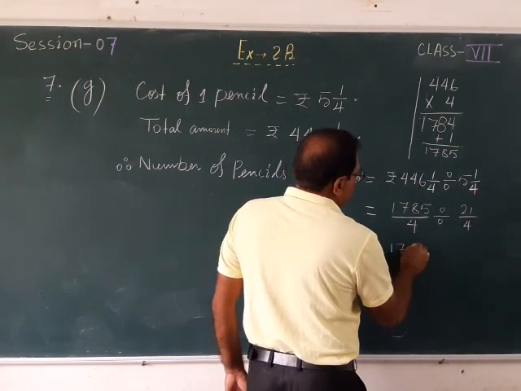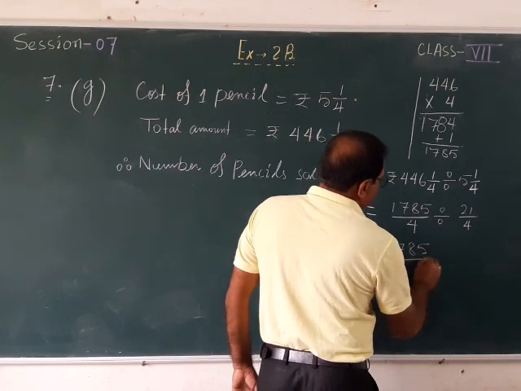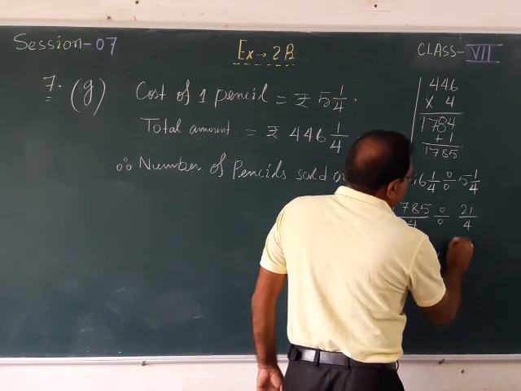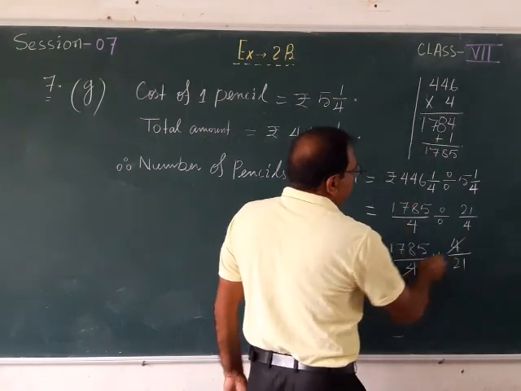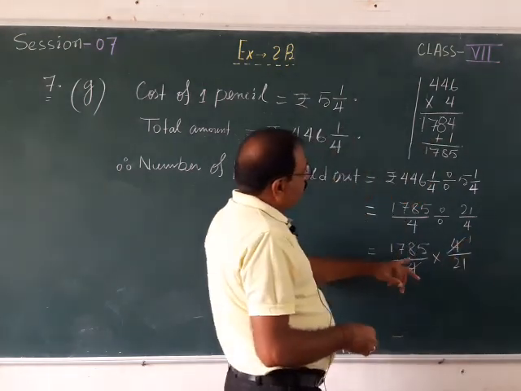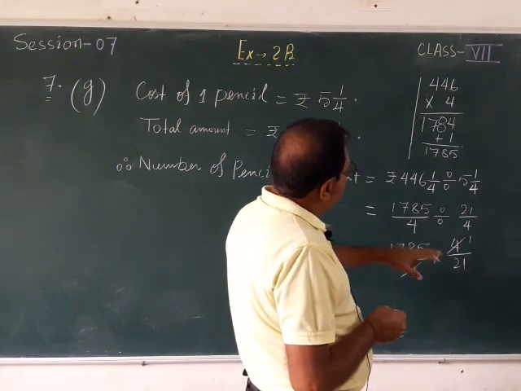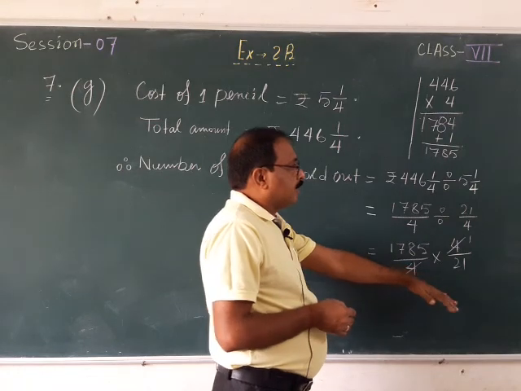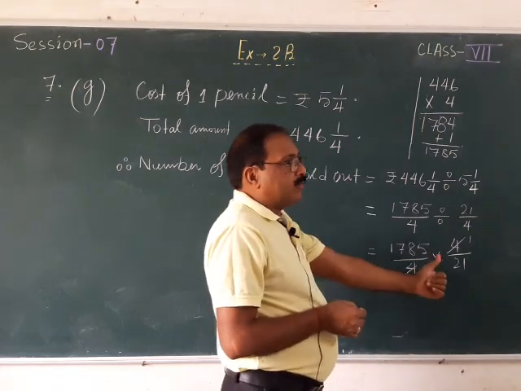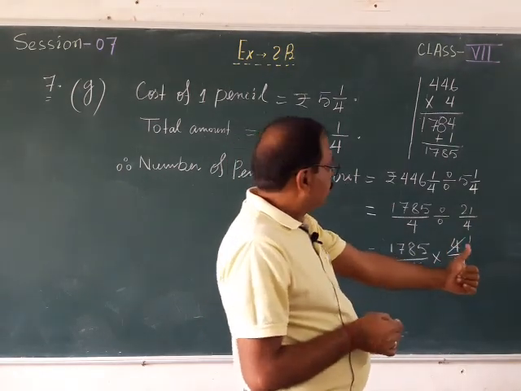Further you can write 1785 upon 4 multiplied by 4 upon 21. Now cancel this 4 and 4, cancel one time only, and now you can cancel 1785 by 21. First of all you think whether 7 can divide 21 and whether 7 divides 1785 or not, that you have to check over here.